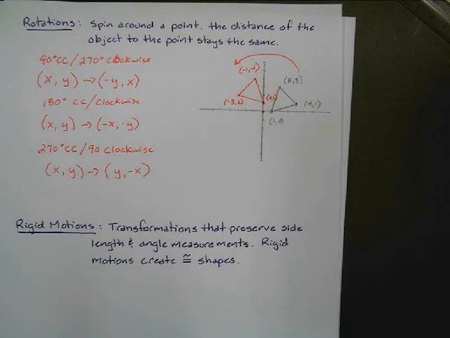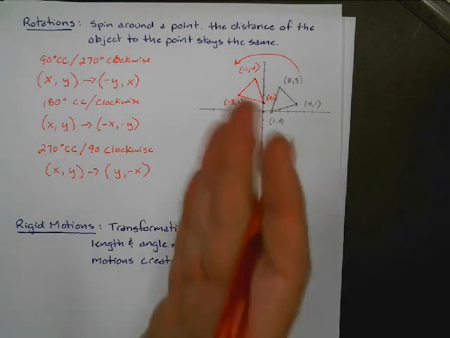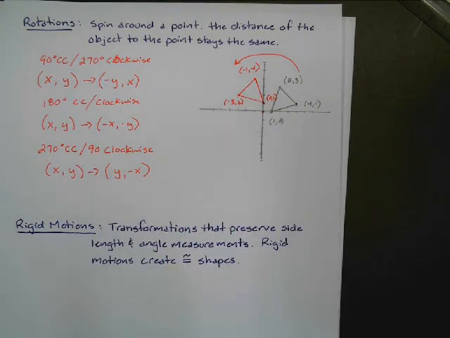So instead of doing a proof, if we had something on a graph paper, if we could prove that there's some kind of rigid motion happening here, like a translation, a rotation, or a reflection, we don't have to do all that side angle side stuff. We can just show that it is one of those rigid motions, and rigid motions create congruent shapes. And so we can prove the triangles are congruent just by transformation, by showing it's a rotation, a reflection, or a translation.